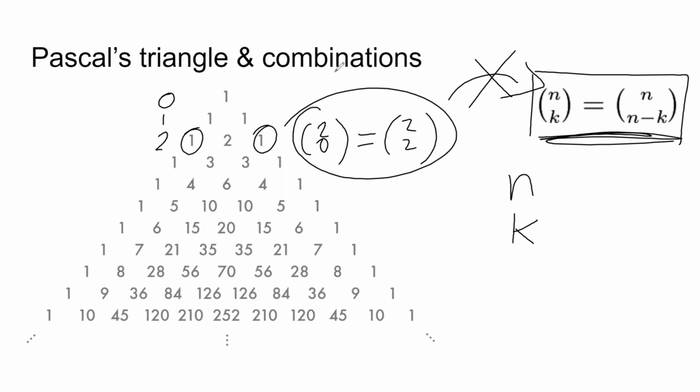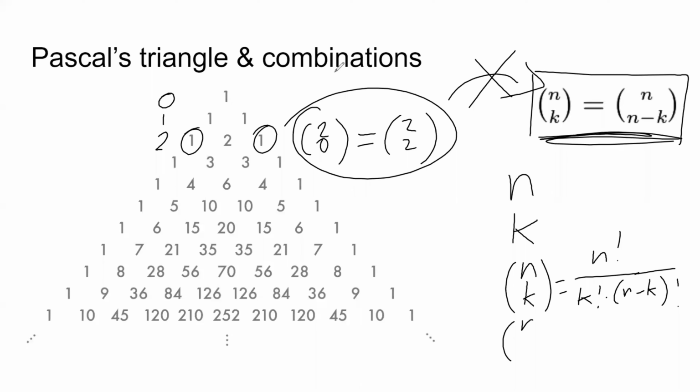So, for example, n choose k is equal to n factorial over k factorial times n minus k factorial. And n choose n minus k is equal to n factorial divided by n minus k factorial times n minus k factorial. Okay, this is going off the screen.